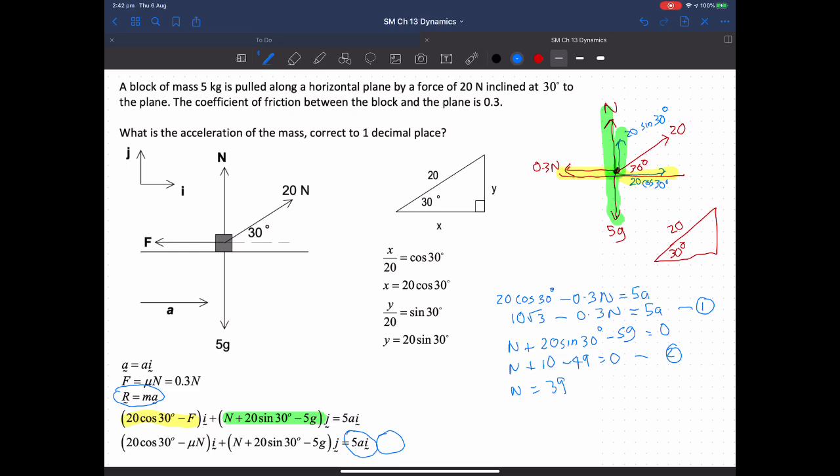We can then find a by substituting into equation number 1. We get 10 root 3 minus 0.3 times 39 equals 5 times a. Solving for a will give us 1.1 meters per second squared.